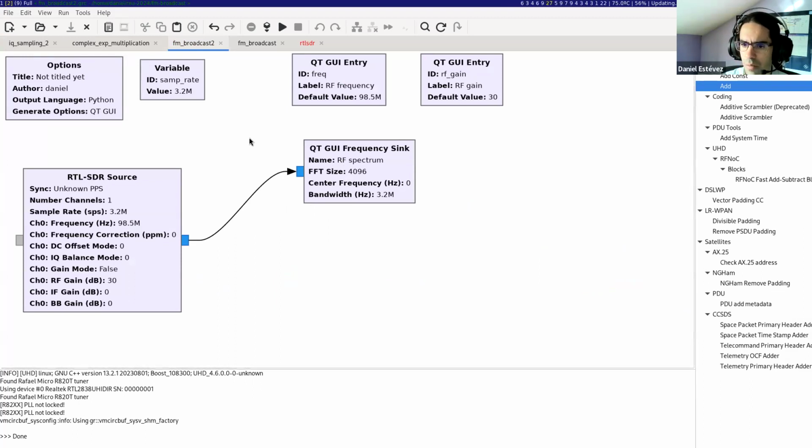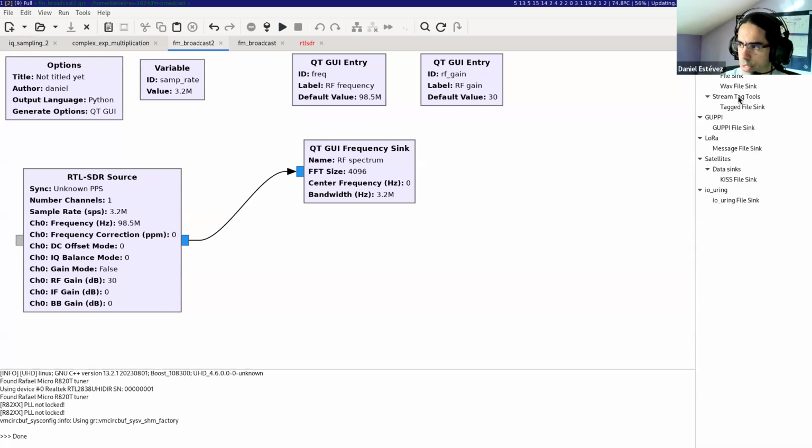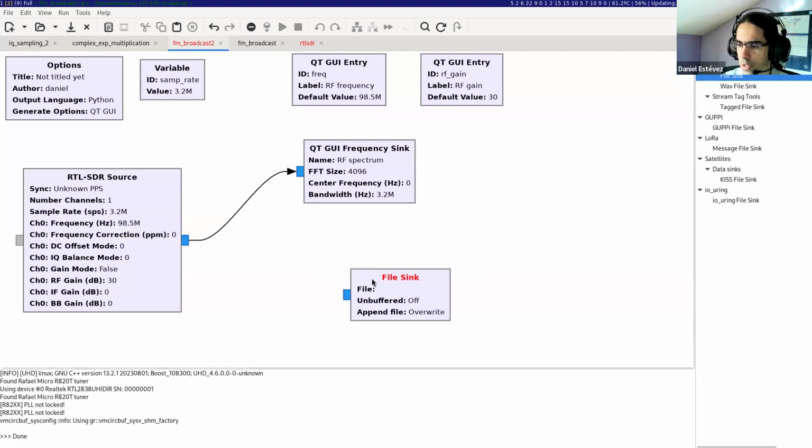So probably the first thing I should start with is how to record a signal with GNU Radio, because I have shared the recording for those of you without the RTL SDR. And now I'm going to explain how to do the recording and how to read from the recording. So there is the file sink block.